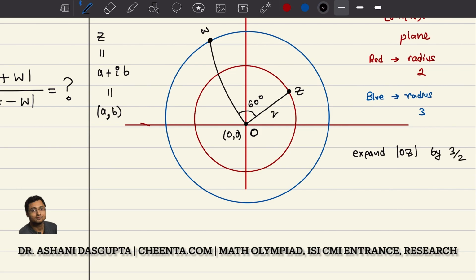Because this radius is 2 and this one has radius 3, if you multiply the length of OZ by 3 by 2, then you will actually get the length of OW.